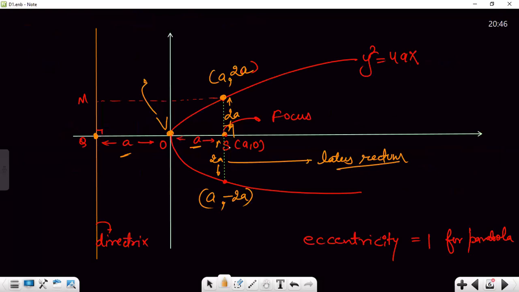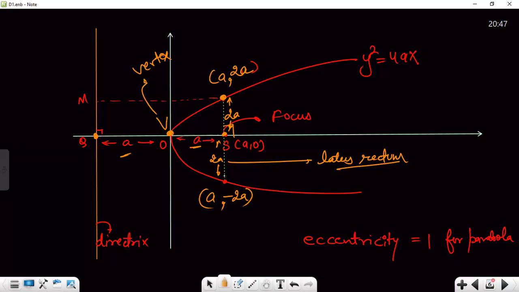There are a lot of terms. Is everything clear? Yes, sir. This is the vertex. This is the focus. This green dotted line is the latus rectum. It is a chord perpendicular to the axis passing through the focus.